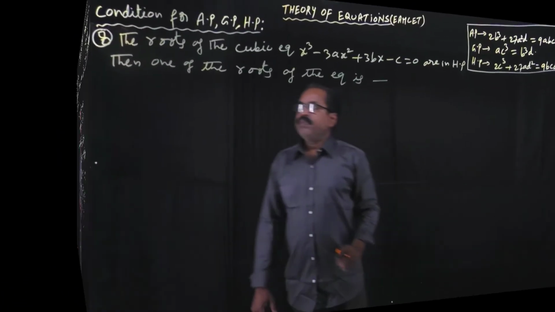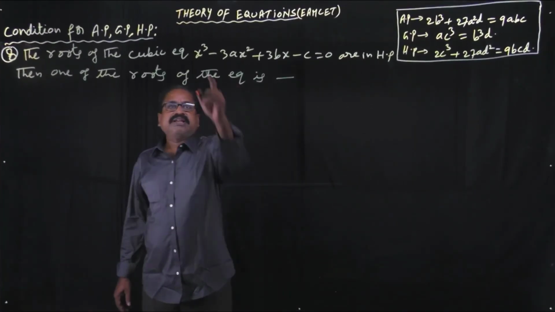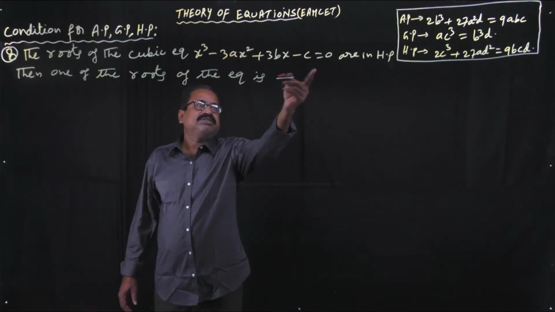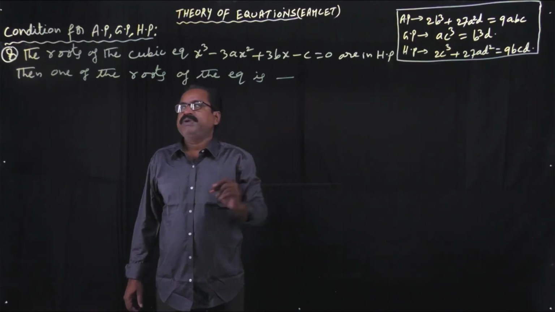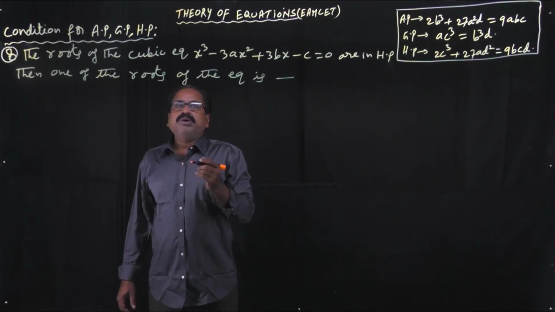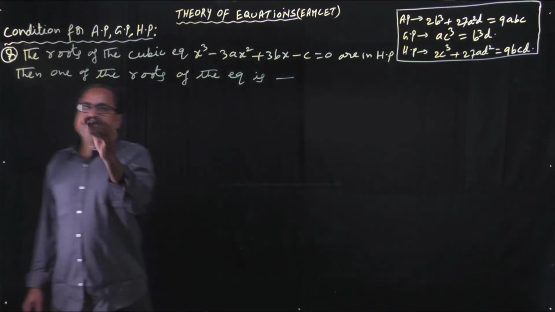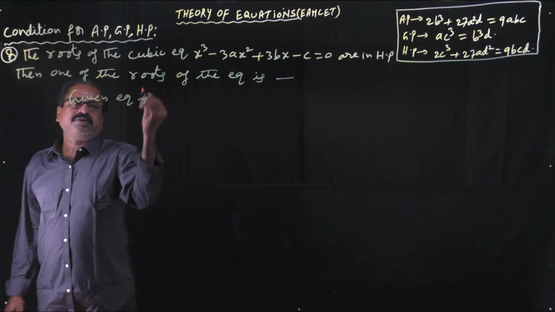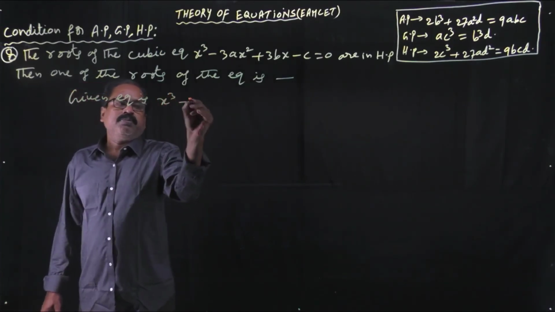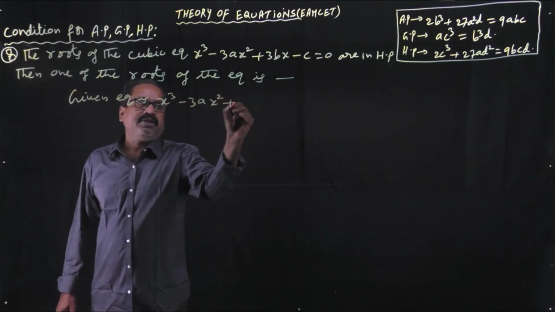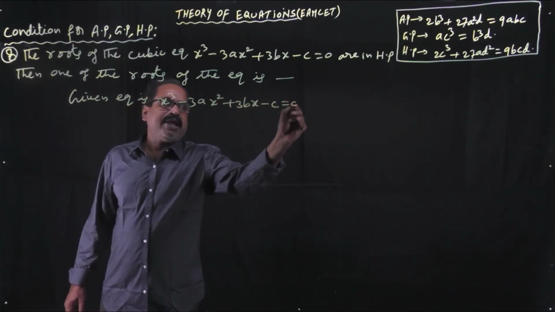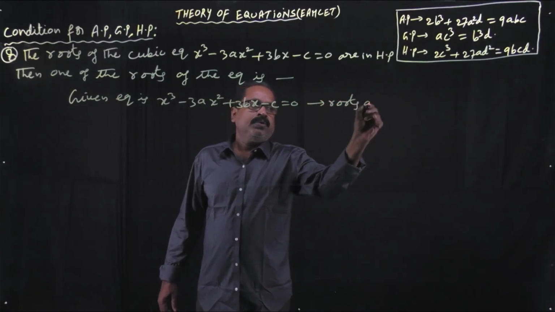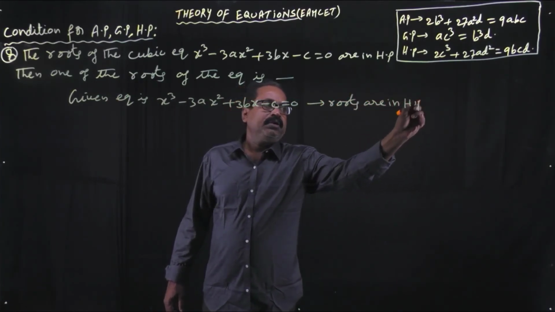So the roots of the cubic equation x cube minus 3ax square plus 3bx minus c is equal to 0 are in HP. Then one of the roots of the equation is, so given equation is x cube minus 3ax square plus 3bx minus c is equal to 0. Here roots are in HP.